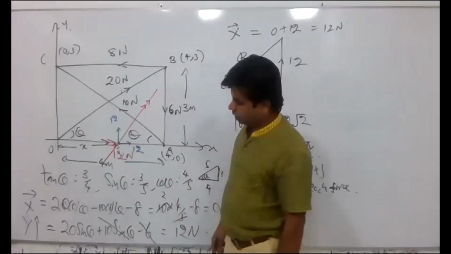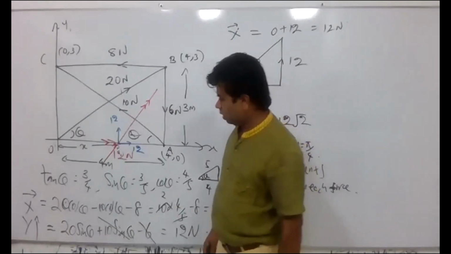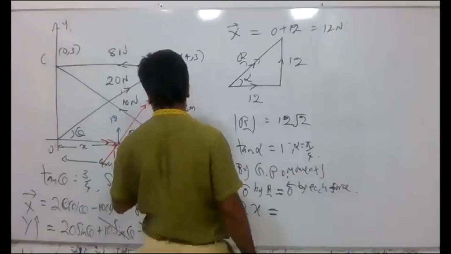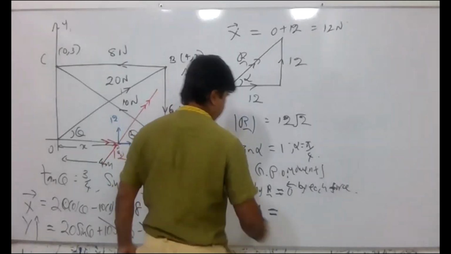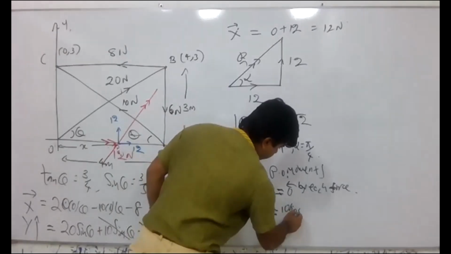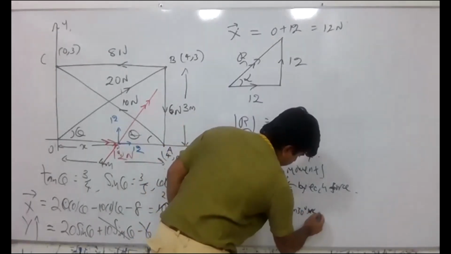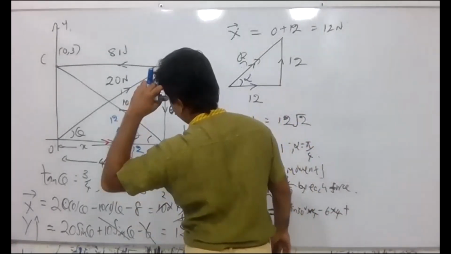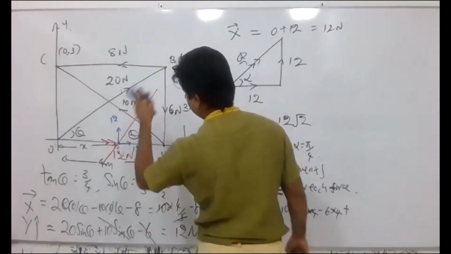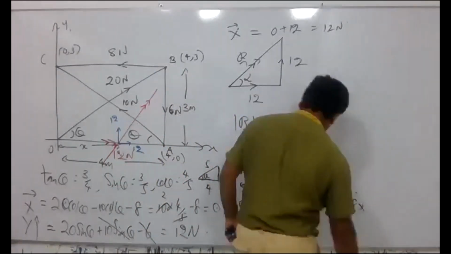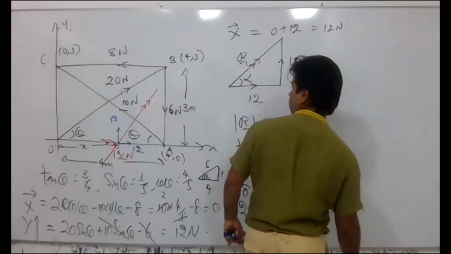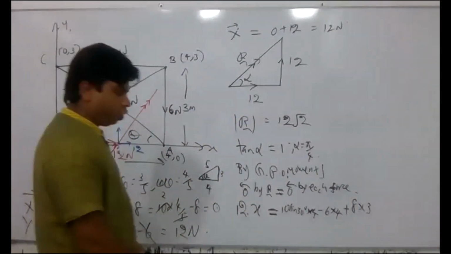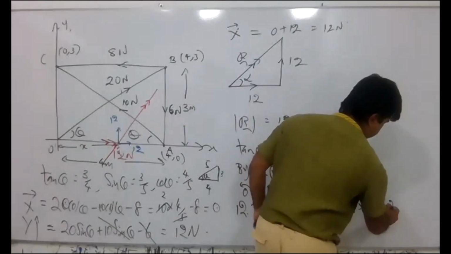So the simplified answer, as earlier, is 10 sine 30 into 4 minus 6 into 4 plus 8 into 3. It still remains the same because there is no moment by 12, that is 12 into 0.